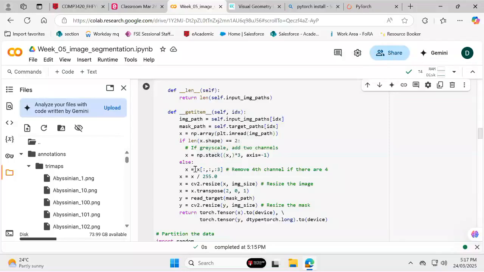And then I would have to select the first 3 channels and remove the 4th one if there was a 4th one, because it happens sometimes there were 4 channels, the transparency channel, so remove that one. And then rescale by dividing by 255, so that it is between 0 and 1. And then resize, so that it is for the range that you want.